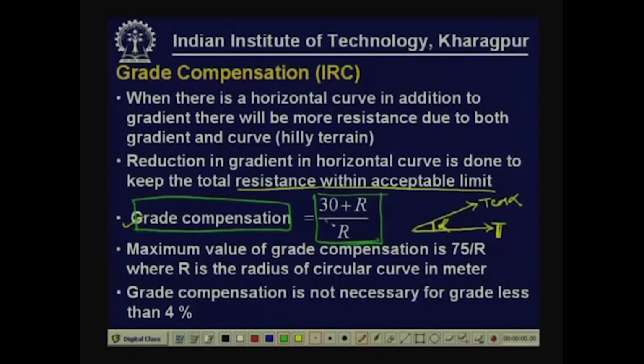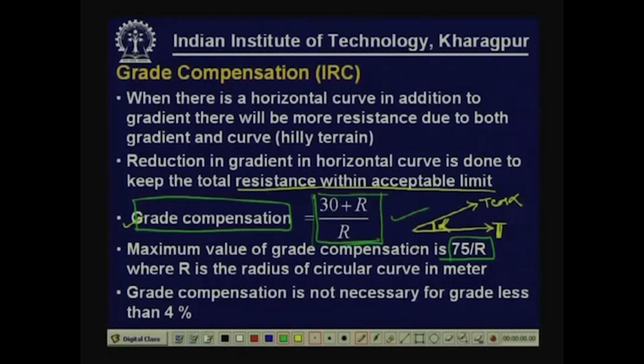Now, when we are applying this, there is also a maximum limit suggested in the code. The maximum value of grade compensation is 75 / R. So, when we are doing grade compensation using this basis, we also have to check whether the value exceeds 75 / R. If it exceeds, then the maximum value to be provided is 75 / R.